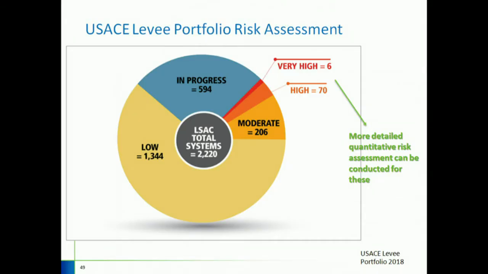From that, you can see they did the risk assessment, and they came up with the fact that 76 of those levees are in high risk or very high risk categories. So if you want to compare between those 76 themselves, you can do more detailed assessments. You can do the quantitative risk assessment.